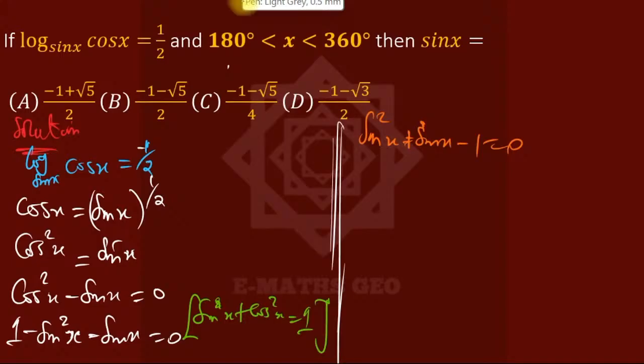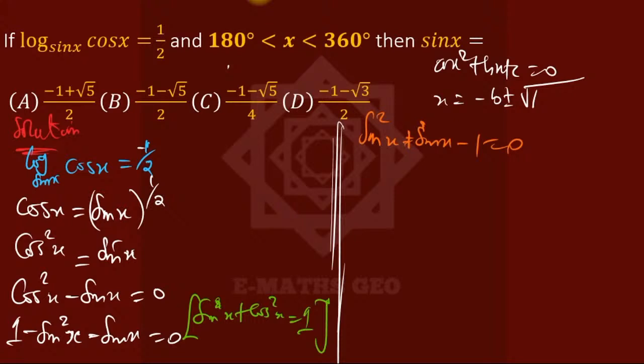Using the quadratic formula, if you remember that given ax squared plus bx plus c equal to 0, x is minus b plus or minus the square root of b squared minus 4ac, over 2a. That's what I'm going to use here.